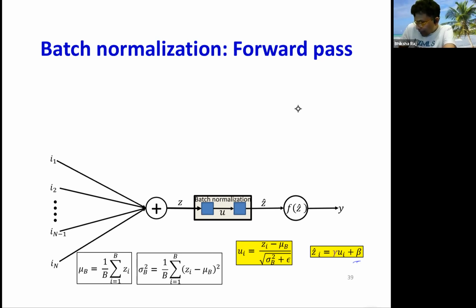And then the first stage of the batch norm computes U from Z, except U is actually going to use as additional parameters the batch mean and batch variance. And then it shifts the U to the new position Z hat by scaling it by gamma and then adding a beta to it. And that gives you the final Z hat.